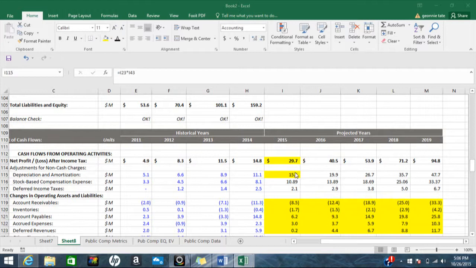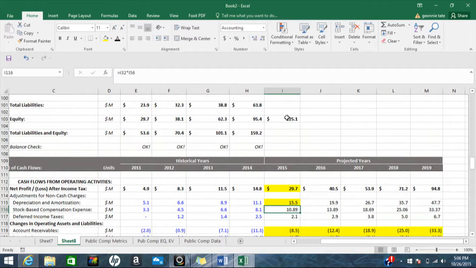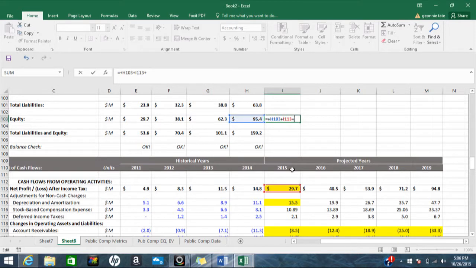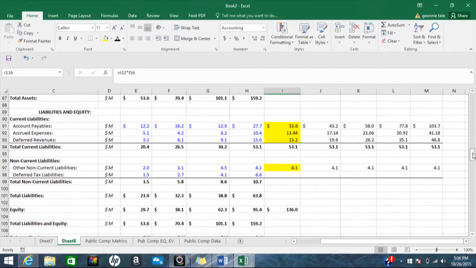For the stock-based compensation, as I mentioned earlier, this will go into the equity. So add, since I'm on the liabilities and equity side. I'm gonna highlight that so I can know it's been accounted for. And for the deferred income taxes, I'm gonna go up and find where that's supposed to go.